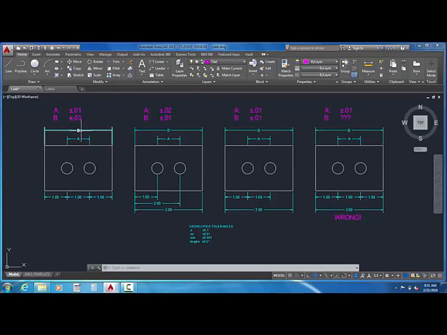Now let's think about dimension B, the width of the plate. In the chain dimension drawing, this dimension could be as large as 1.01. This dimension could be as large as 1.01. And this dimension could be as large as 1.01. Which means the total width of the plate could be as large as 3.03. And similar logic, the plate could be as small as 2.97.